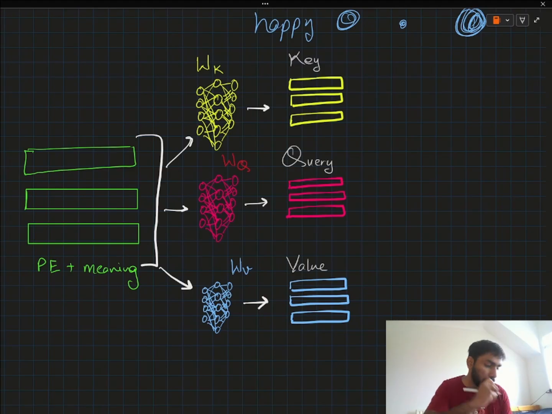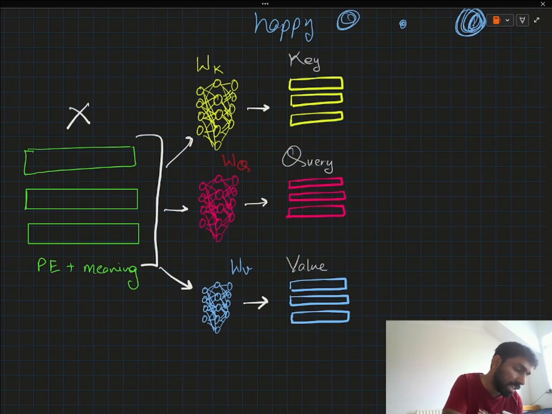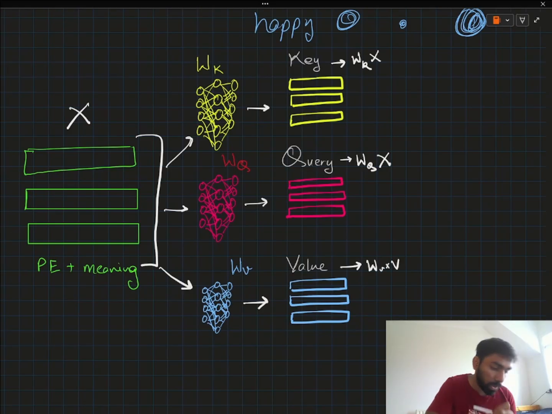WV. So if this was defined as X, now this key becomes WK of X, this becomes WQ of X, and this becomes WV into value. These are multiplied and we get a weight vector representation of these values.